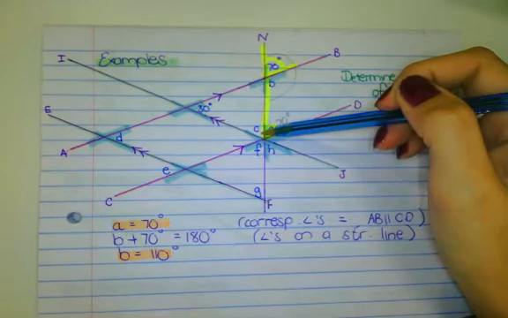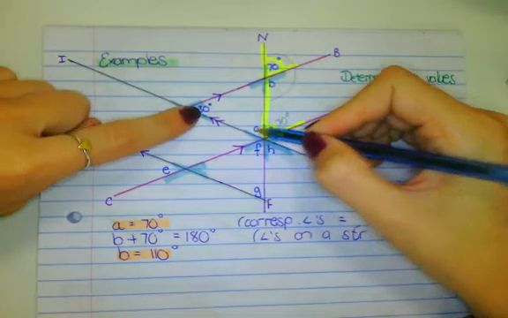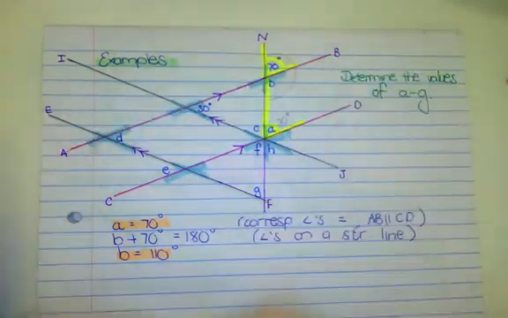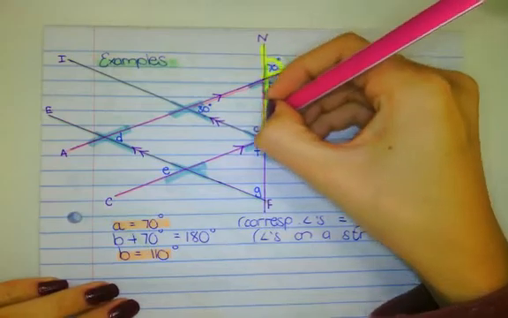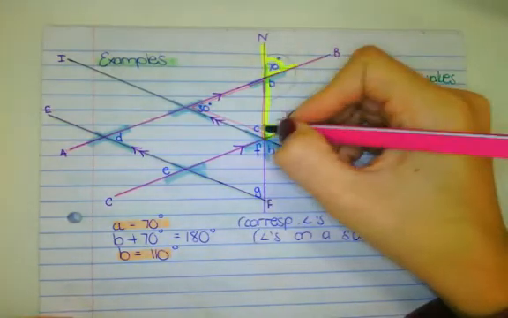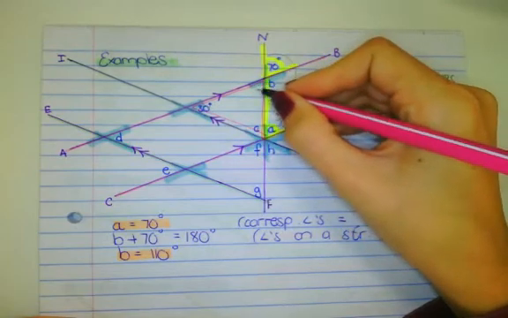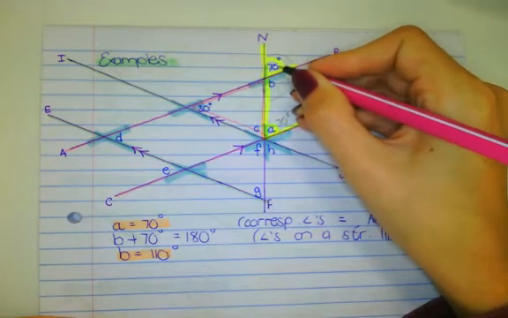Do you see that C and 30 are in this triangle here? Do you see that triangle? C and 30 and this angle here, which we don't know. Now, we could say that this angle is the same as 70 because they're vertically opposite.